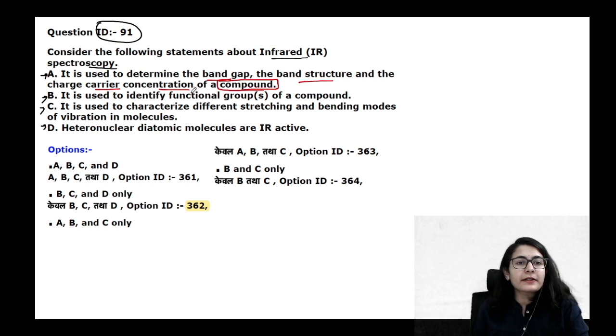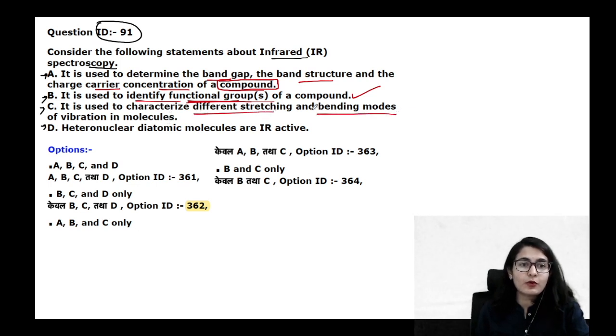IR is basically used for identification of the functional group. This is correct: used for the identification of the functional group of a compound. It is used to characterize different stretching and bending modes of vibration in a molecule. This is also correct, because stretching frequency comes more towards 4000, and bending vibration comes towards the fingerprint region.